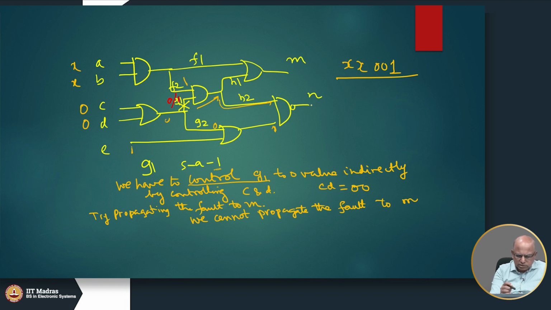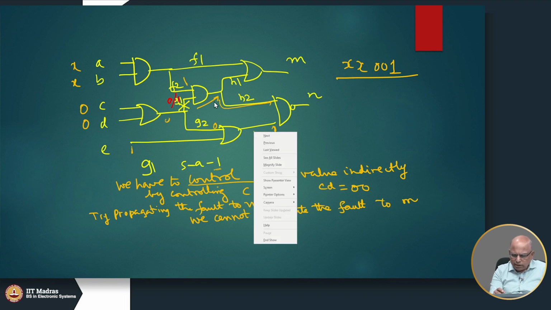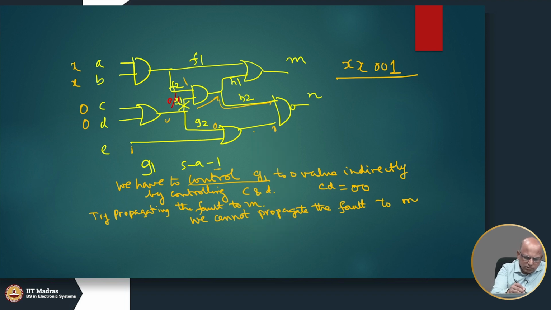Let us simulate. I will get a 0 here and a 1 here and a 0 here. So, the good circuit will produce a 1, but a faulty circuit will produce... no, wait a minute, I think this 1 is still required. So, we still need to propagate the fault here. So, my apologies, we had to have 1 1 here.